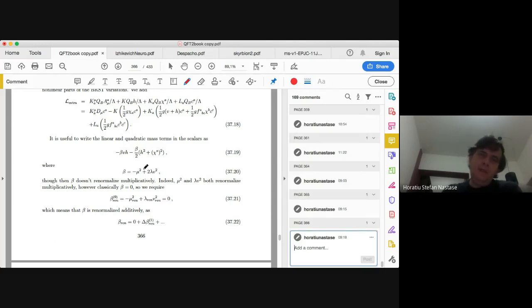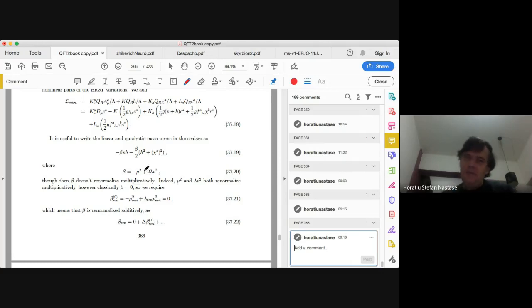I mean, in this way, mu squared and lambda v squared, as usual, we normalize multiplicatively, but as a result, beta itself does not renormalize multiplicatively, because the renormalization is, as usual, understood as 1 plus a correction in perturbation in order g squared.